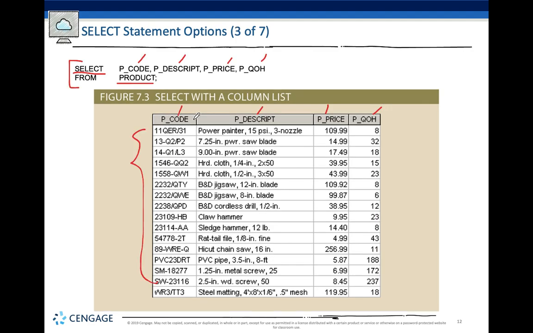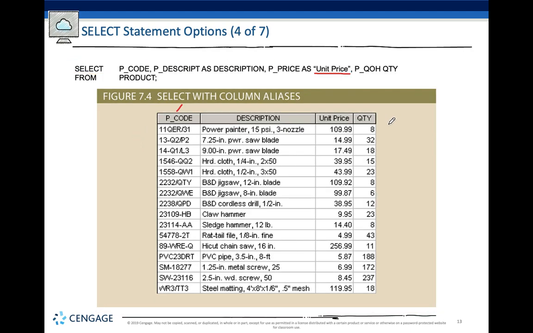In the previous example, description is labeled as P descript, price is labeled as P underscore price, and quantity on hand is labeled as P underscore QOH. To give more understandable column names, there are different ways of doing it. There are 3 different ways shown here.